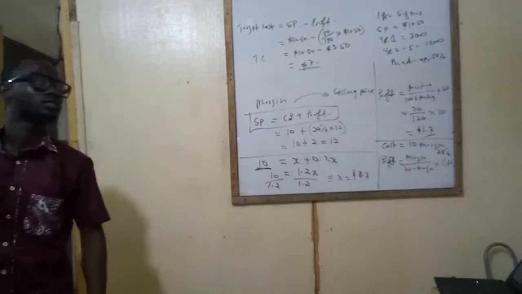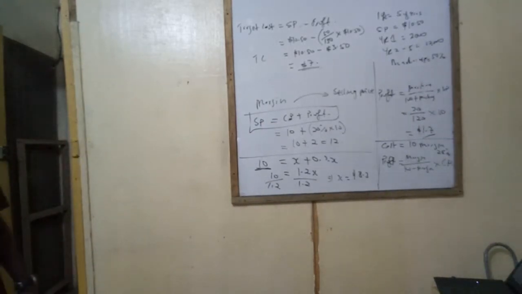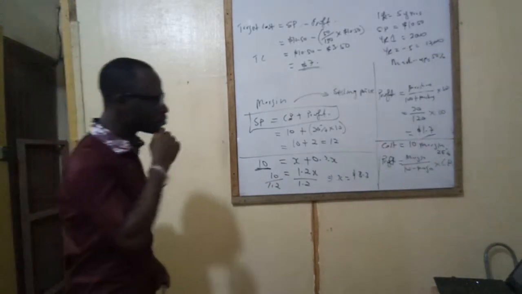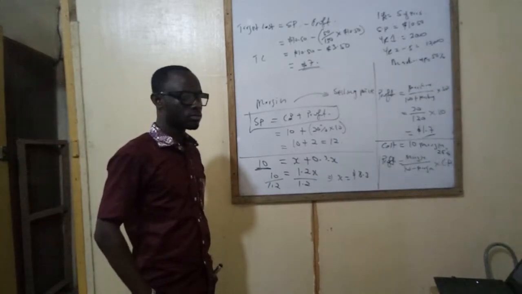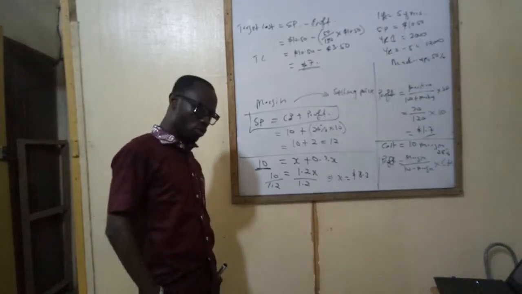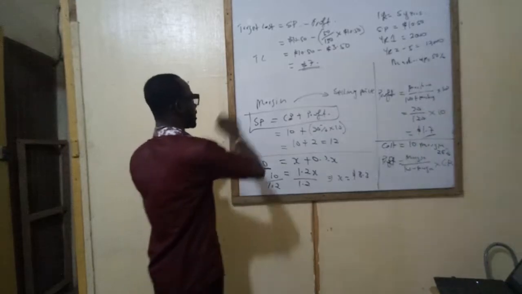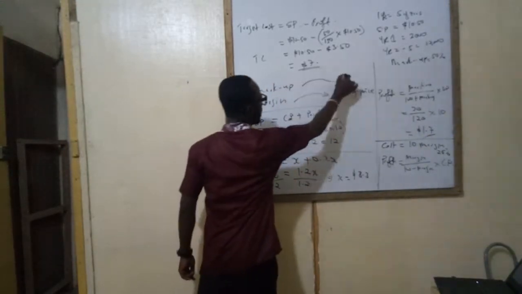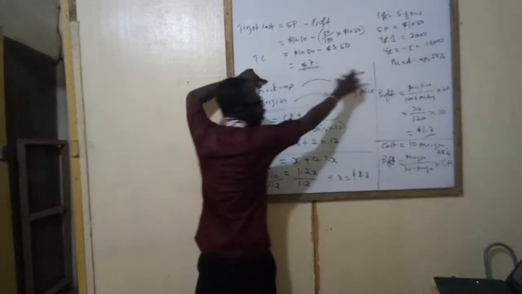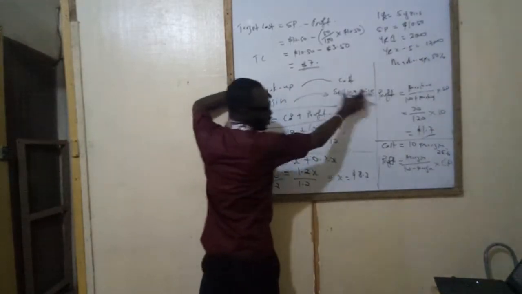Any question? Is it always the case that when you are given a selling price, you are given a markup? No. That is why I emphasized in the beginning that markup is on cost, margin is on sales.